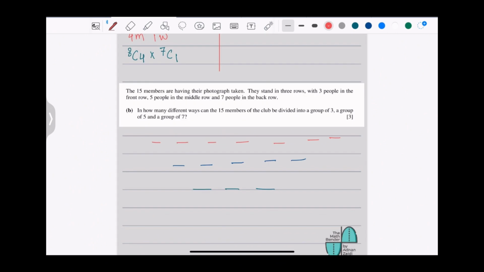So we write 15C3, when three people came here already. So the first row, second row, and third row. 15C3 times, now three people are already in the first row, which leaves 12 people, 12C5 in the second, and after 5 people are also selected, we will be left with 7C7.